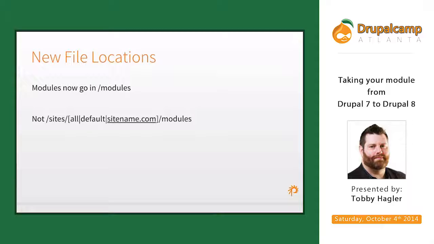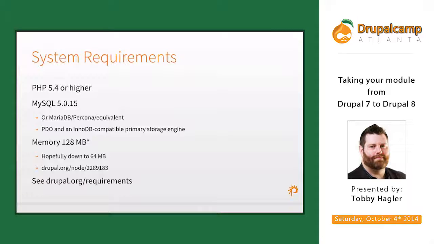I mean, that's really what it comes down to. That's important to know, that your modules are in a different place now. The site's default directory still exists. That's where you still have settings.php. It's also where you have settings.yml, which is another file that you have to have now, and the files directory for assets. Some of that still remains the same.